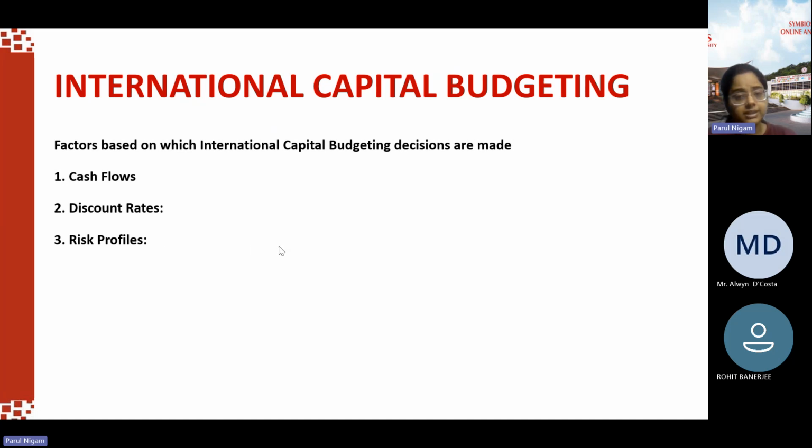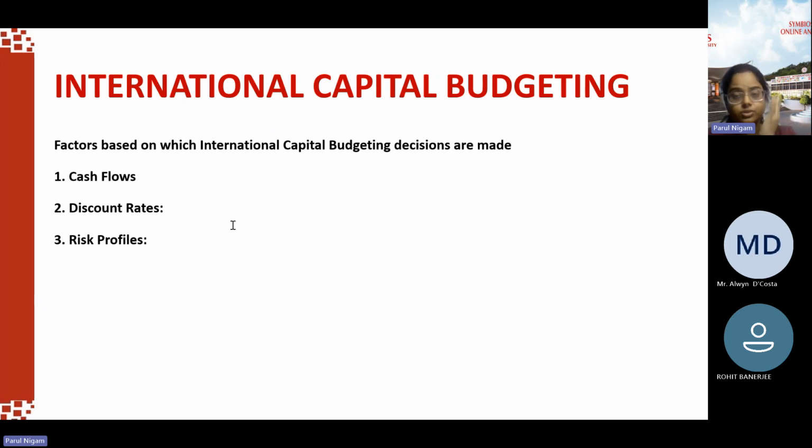Now, if we see capital budgeting in reference to international finance, not the domestic one, they are very complex in comparison to domestic investments, because in domestic you are handling only your country's issues, but when you have capital budgeting at an international level, then you have a lot of things, like economic issues, financial issues, political uncertainties across different countries.